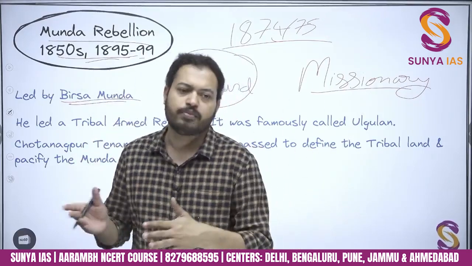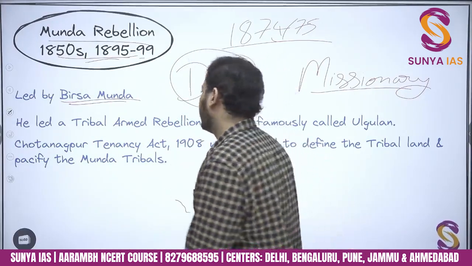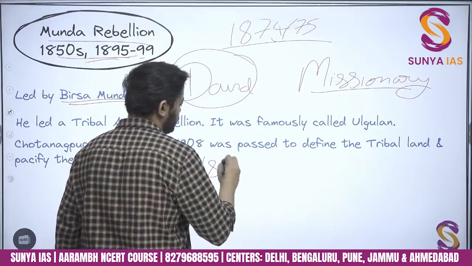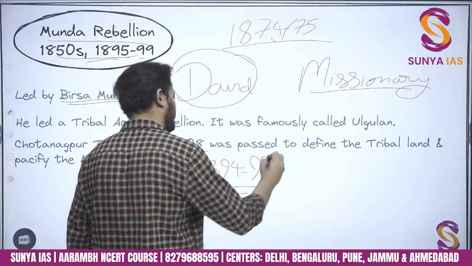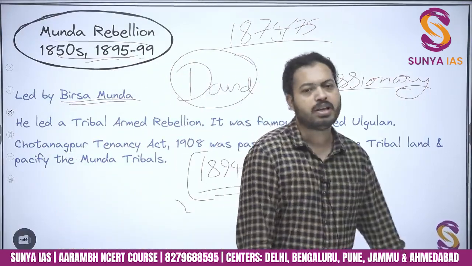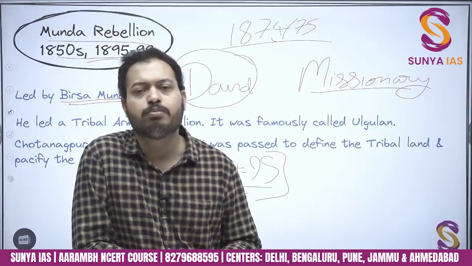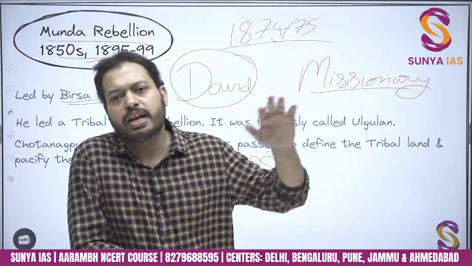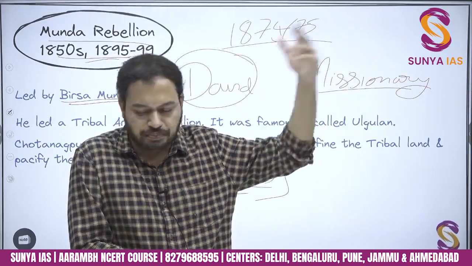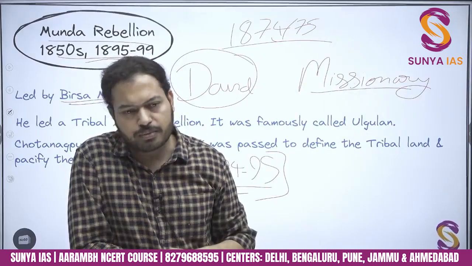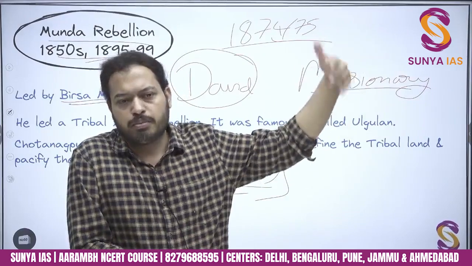Now, some time went by. At the age of 20-21, around 1894-95, Birsa rose and said that he had a dream. How Birsa portrayed himself was very much along biblical lines, just like the stories of Prophet Muhammad or biblical ideas.